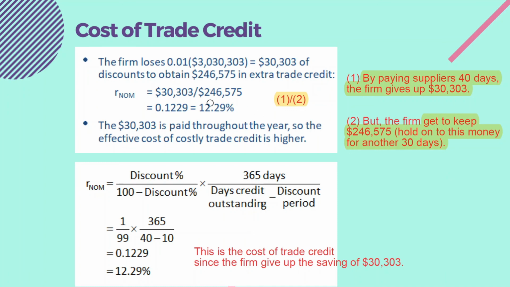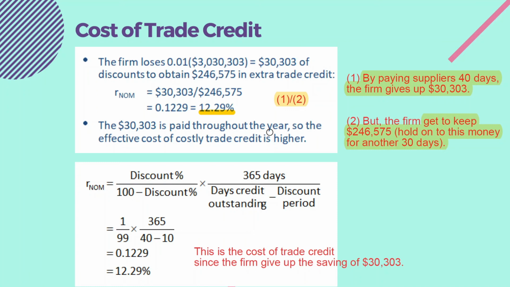So by using 1 divided by 2, we can calculate the cost of trade credit equal to 12.29%. What does this mean? If a company can borrow from a bank and pay an interest of 8%, the company should borrow the money from the bank short term and use that cash to pay the suppliers quicker.